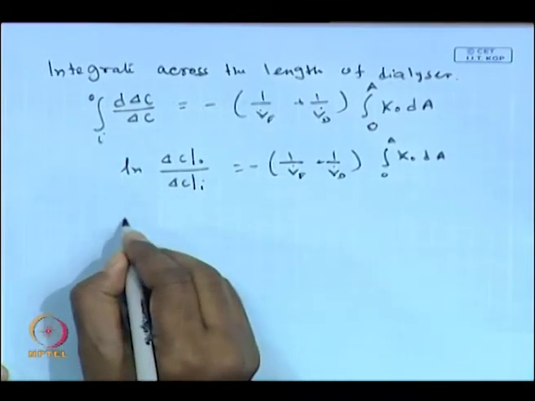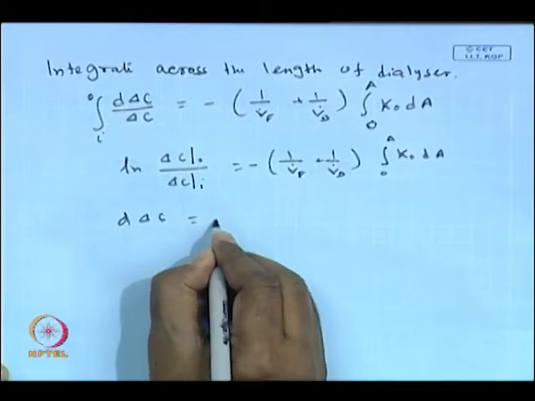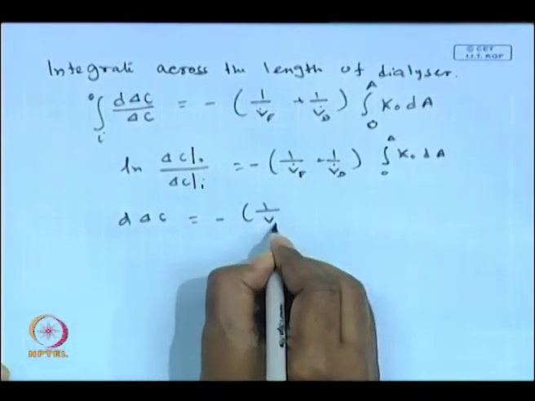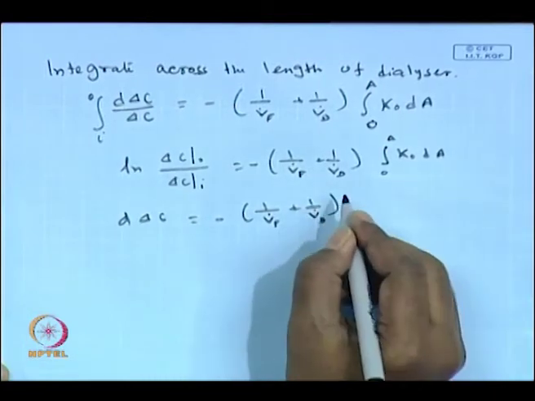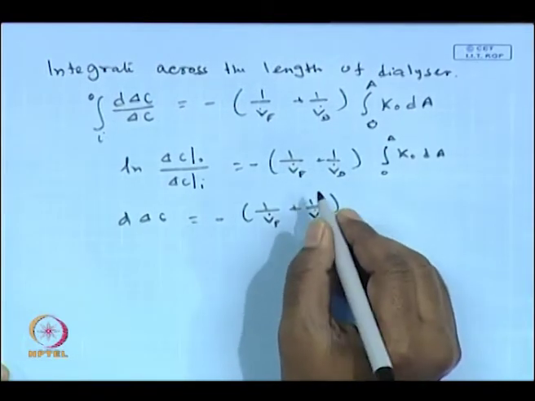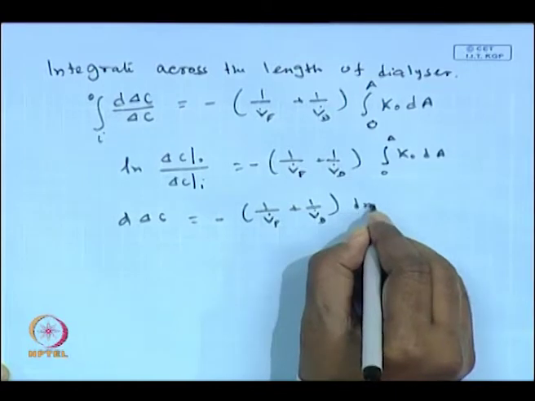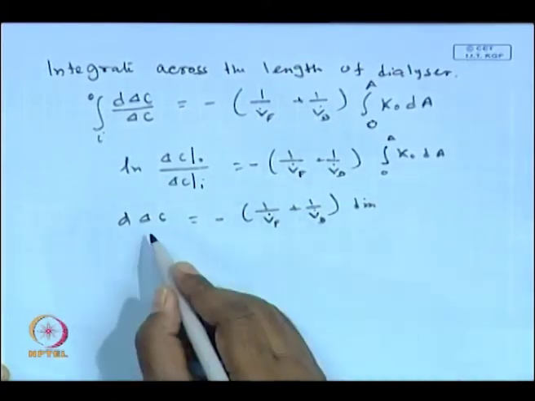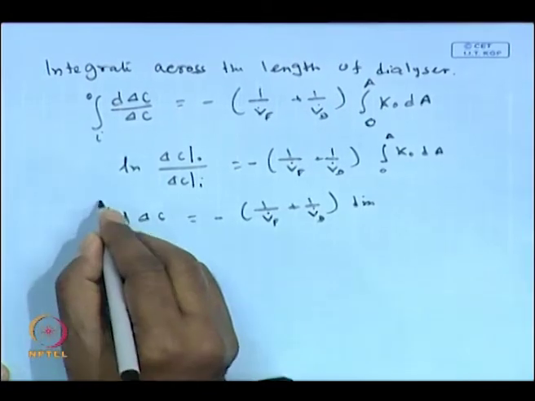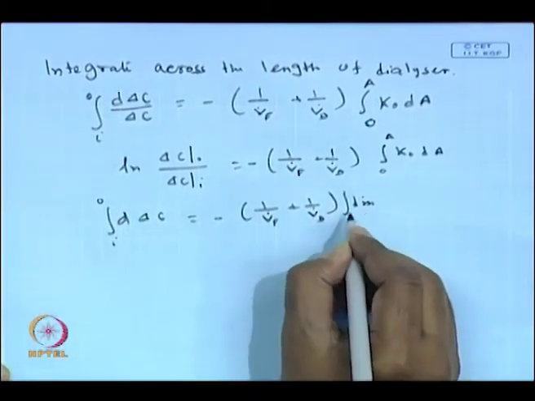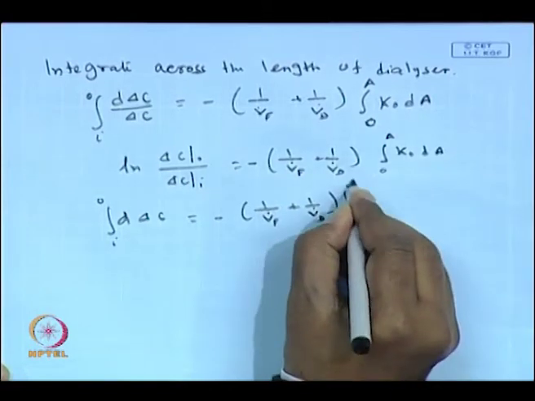What is the other equation? D delta C is nothing but 1 over Vf dot plus 1 over Vd dot times dm dot. Okay. This equation we have derived earlier. We can integrate this out and see what we get between the inlet and the outlet. And this will be from 0 to m dot, the total mass transfer.